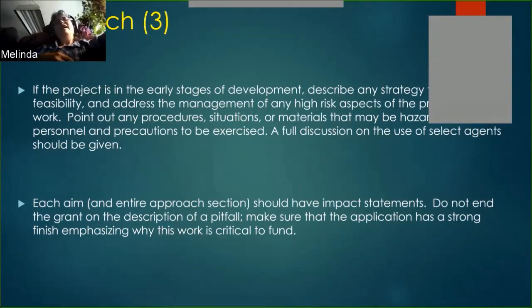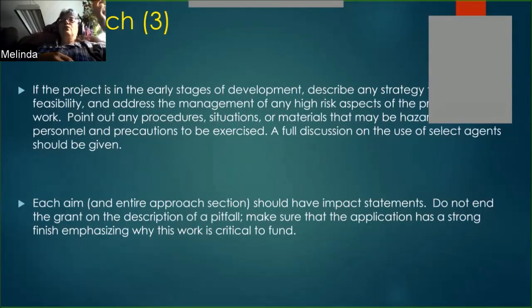They're going to answer this question. They're going to do it this way. This is what the data is going to look like. They completely understand the pitfalls, and then they've just been reminded why I care and why it's important. It's just better emotionally and psychologically to have that impact right up front at the end of each aim, instead of them ending on a pitfall or a reason it doesn't work.